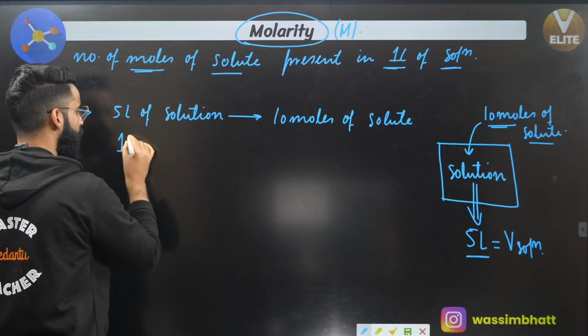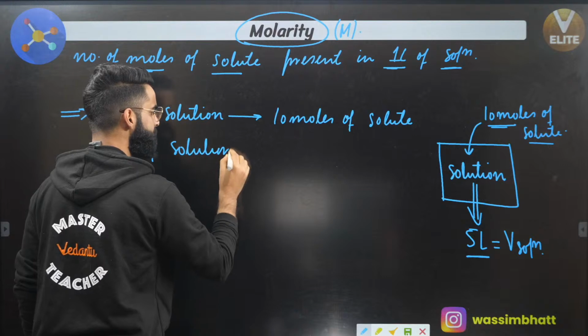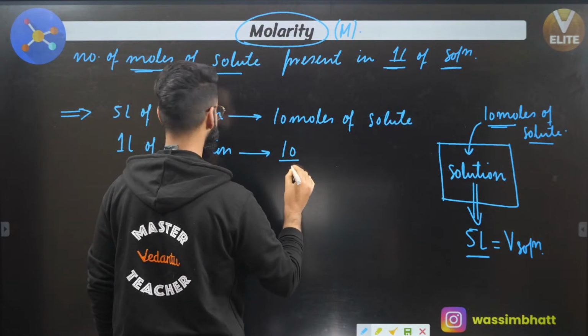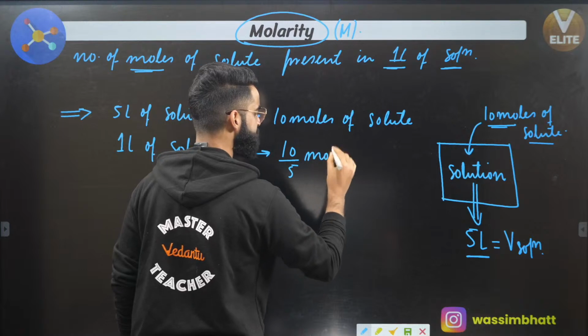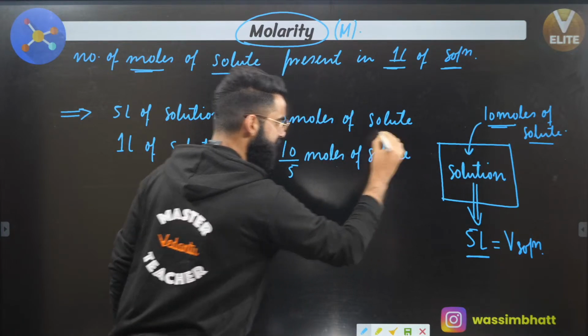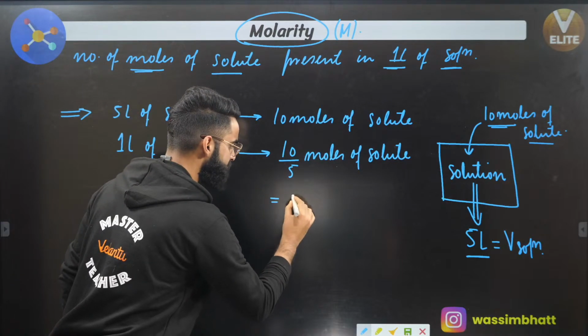So can I say 1 liter of solution contains 10 divided by 5 moles of solute? 10 divided by 5 comes out to be 2.